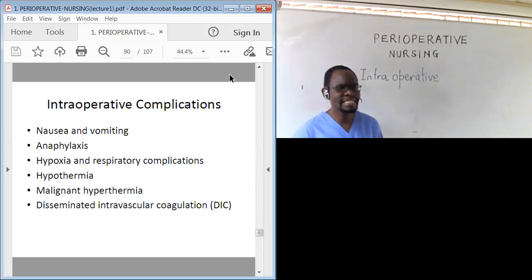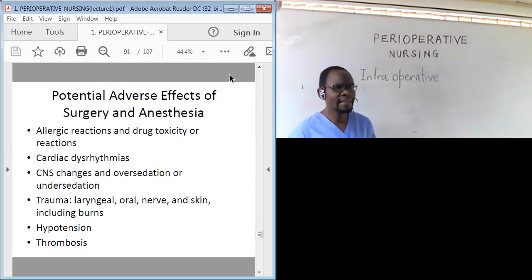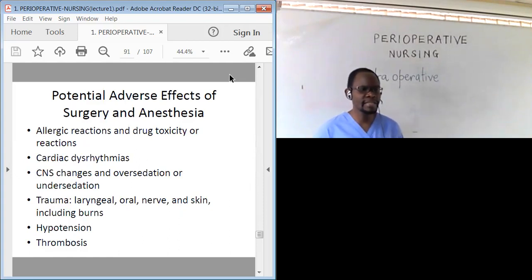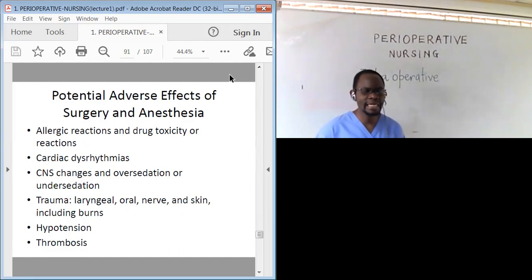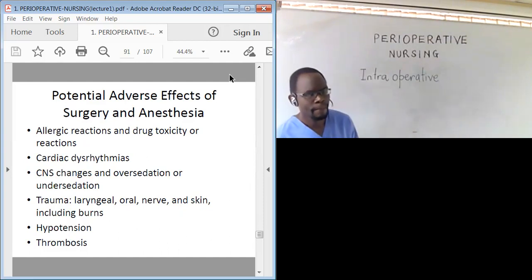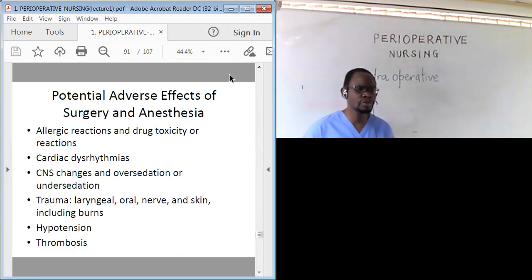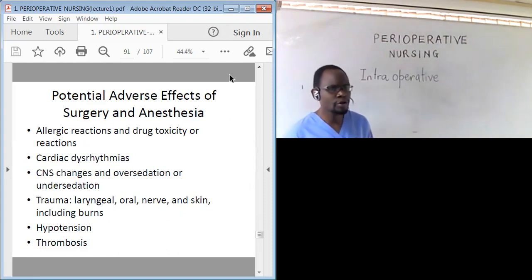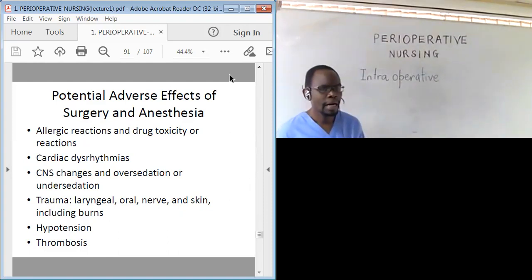So basically, those are some of the complications. Then the adverse effects of surgery and anesthesia: allergic reaction, cardiac arrhythmias, changes in the central nervous system, oversedation, and trauma to the recurrent laryngeal nerve, especially when you insert the endotracheal tube.